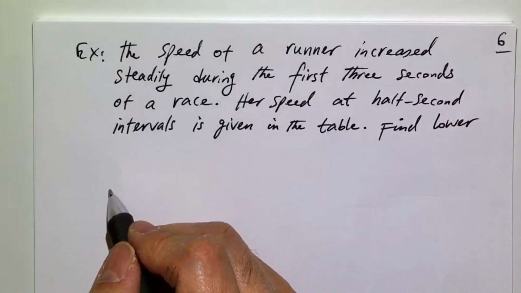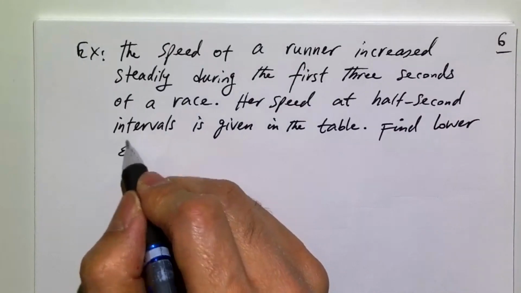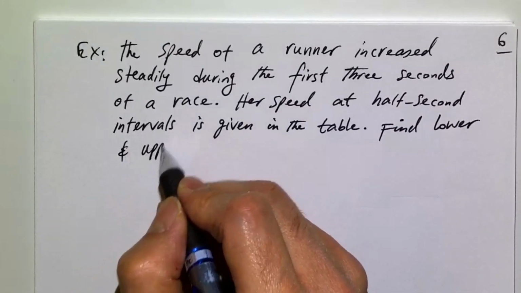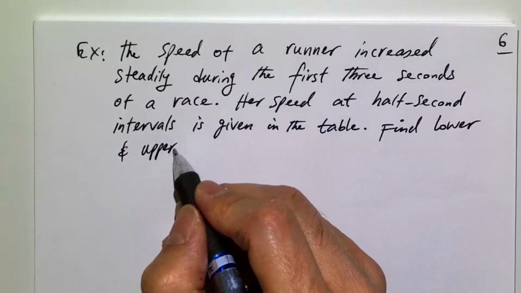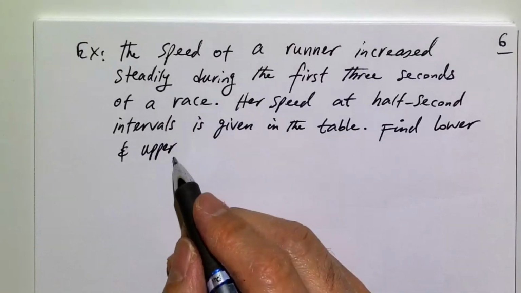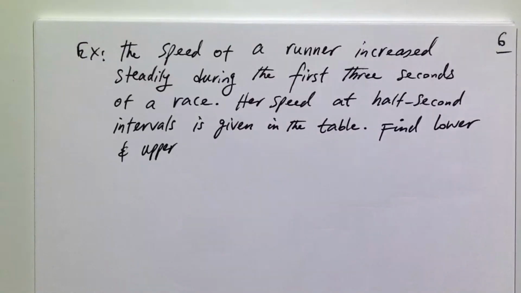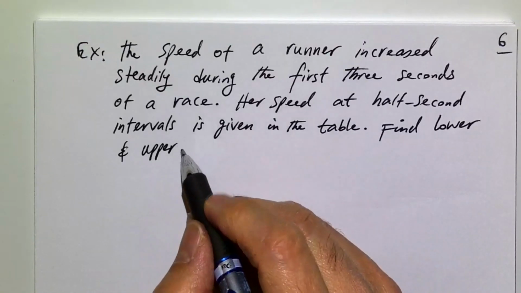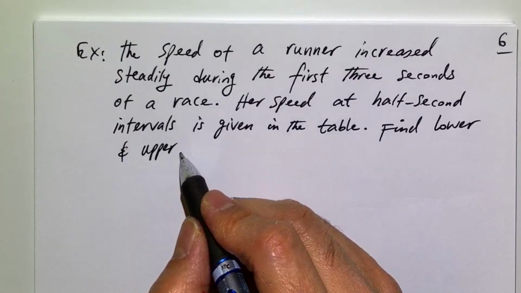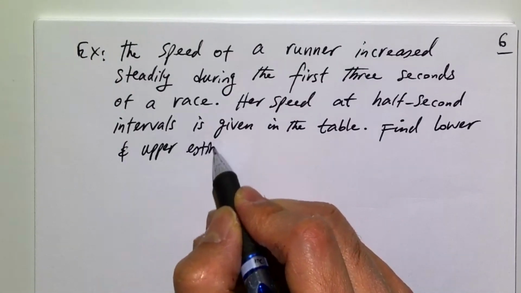Find lower and upper estimates. So we're going to do the same. Use the right corner points and the left corner points of the time intervals to do our estimation. Find lower and upper estimates.